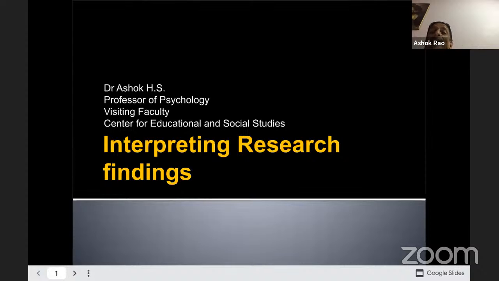So how do you interpret your research finding? The factors to be considered are whether you are using descriptive statistics, whether you are using inferential statistics, what is the significance level that you are making use of, the degree to which the data is representative, whether the data has certain biases, what is the sample size, and what is the error margin.